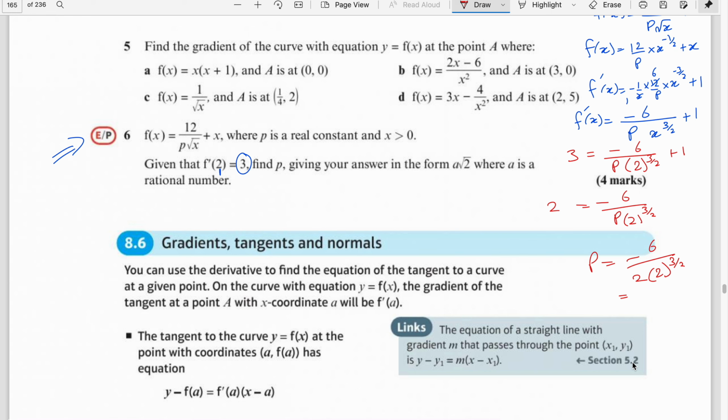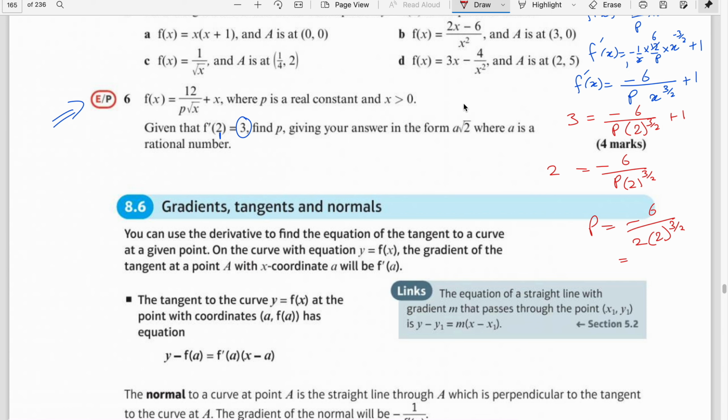and the calculator is giving me decimals and I need it in radical form. So let's simplify. 2 ones are 2, 2 threes are 6, that is negative 3 over 2 to the power 3 by 2. This 3 right here is the power and this 2 is the radical.